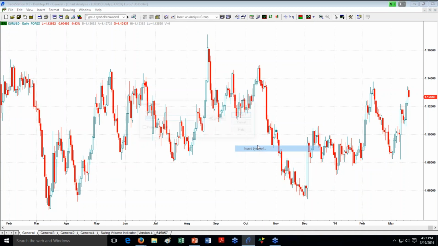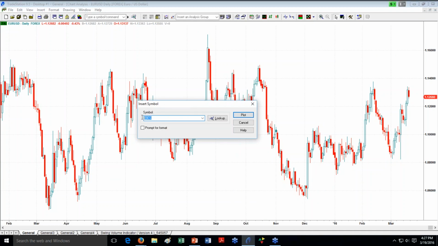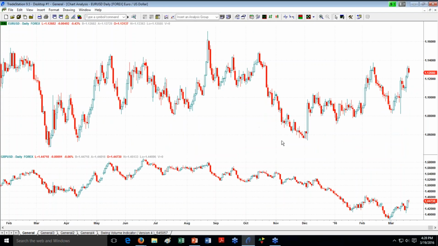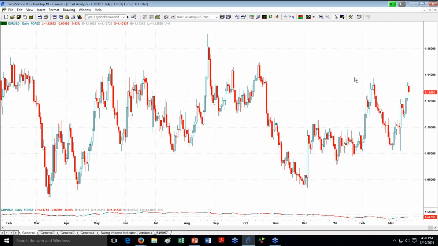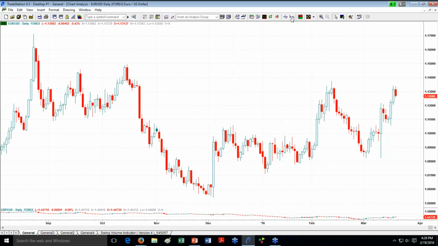So I can go from instrument to instrument and discuss it like this. Okay, so I put here both the euro and the pound, but let's look at this question first.